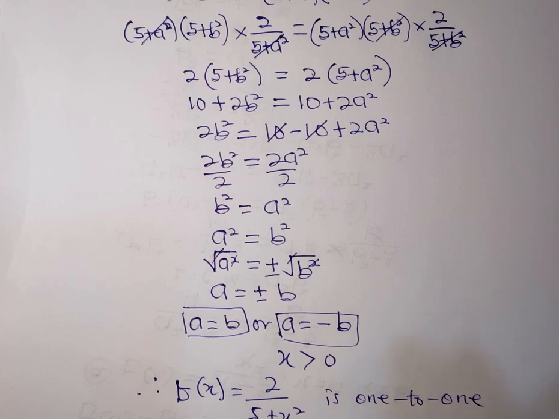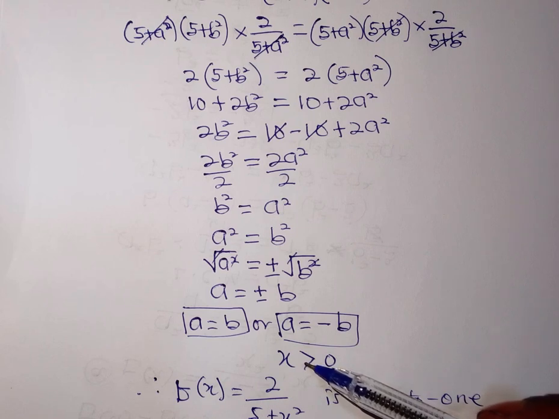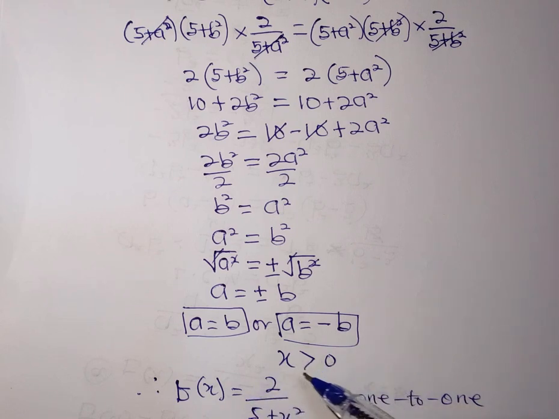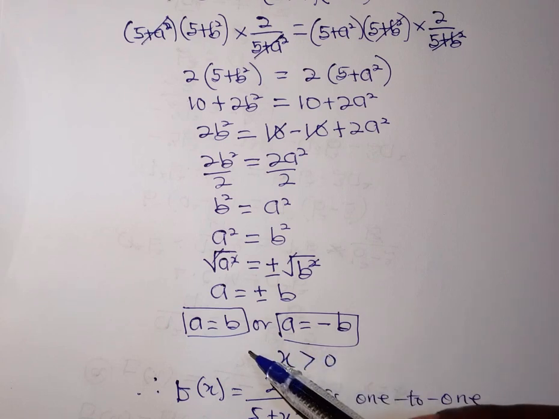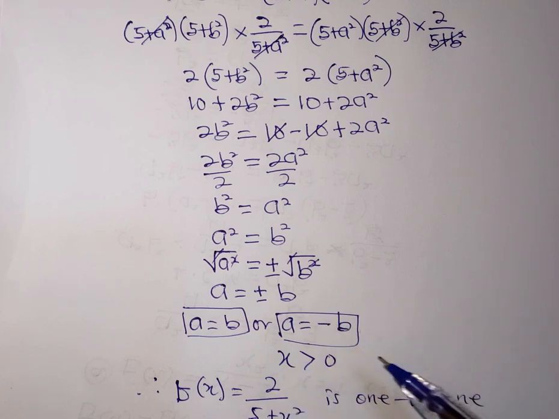The same answers, but not all of them are 1 to 1 based on the condition. Because this one has this condition, that's why we are saying that it's 1 to 1. If there were not any condition attached to this question, then we would have said that this is not 1 to 1, because this is also negative.